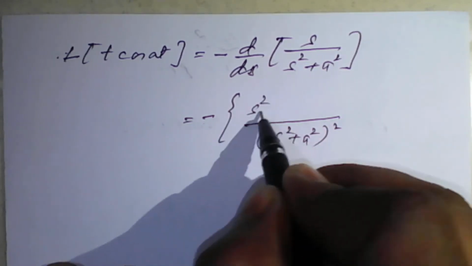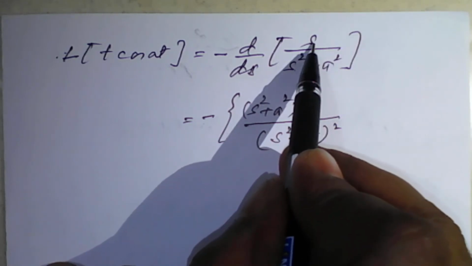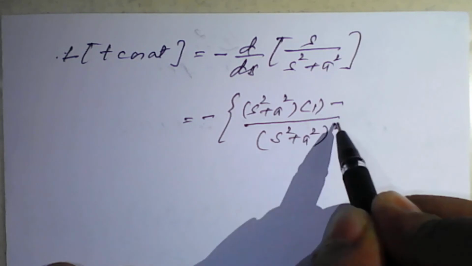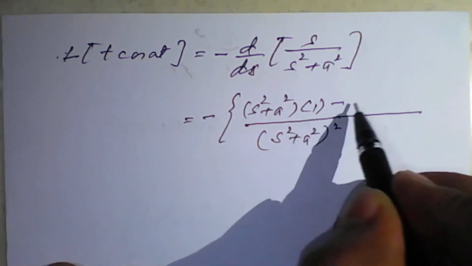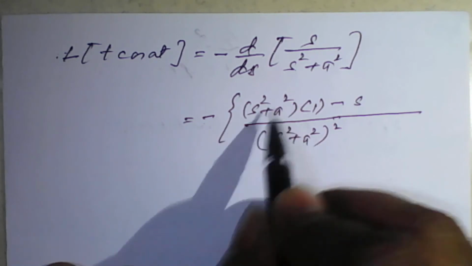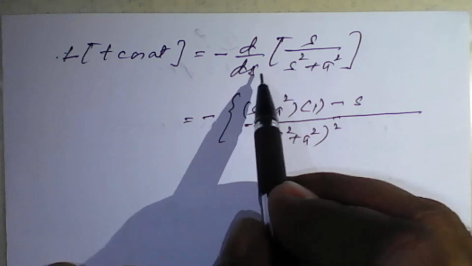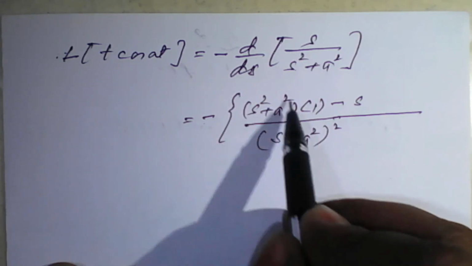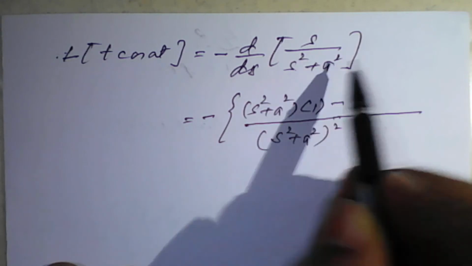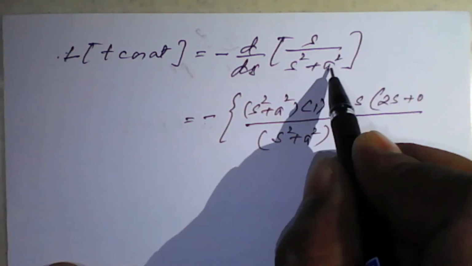So s square plus a square will keep as it is. Differentiation of s with respect to s is 1. Formula minus, then s into differentiation of the denominator. Differentiation of the numerator s with respect to s is 1. So we will keep s, and the differentiation of the denominator s square plus a square will be 2s plus a is constant, 0.